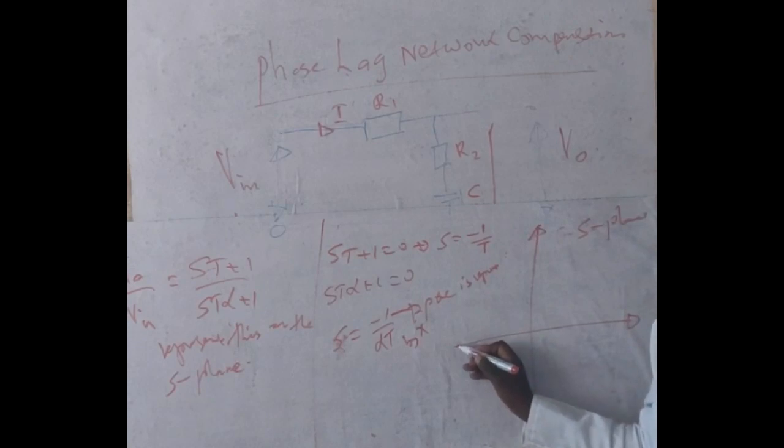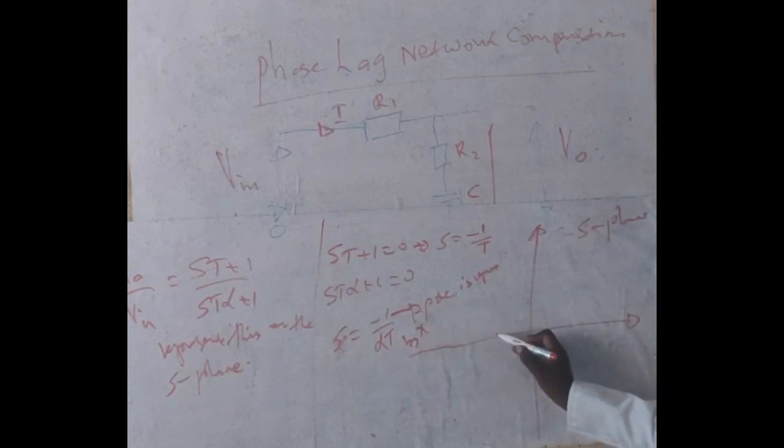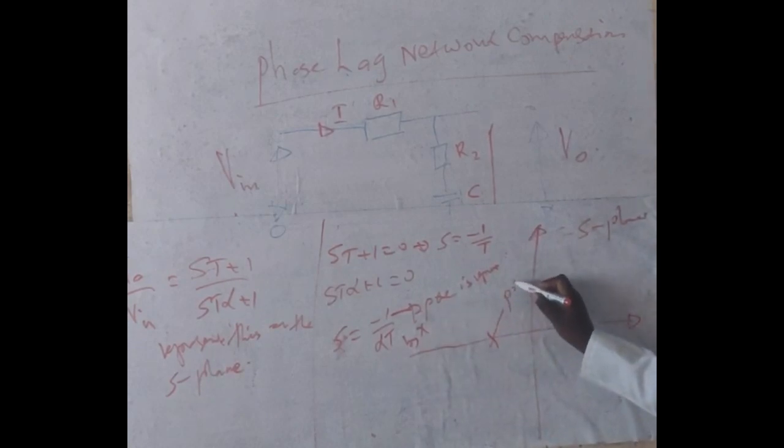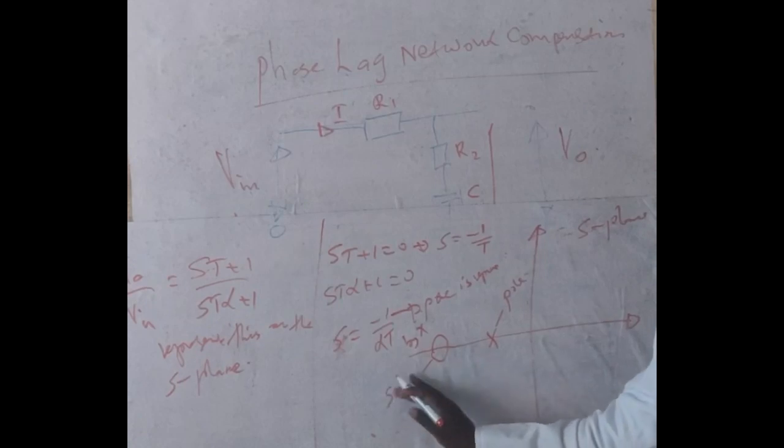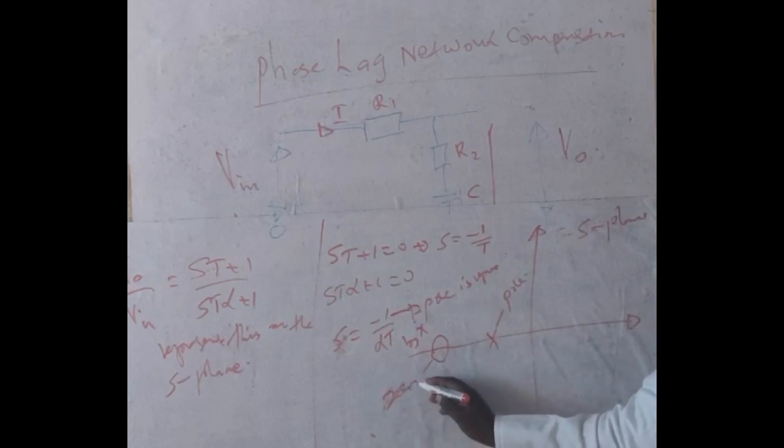So V out all over V in is going to be equal to ST plus 1 all over ST alpha plus 1.